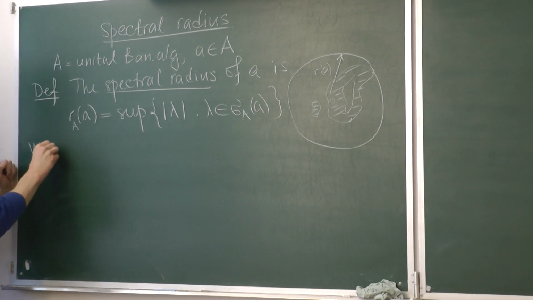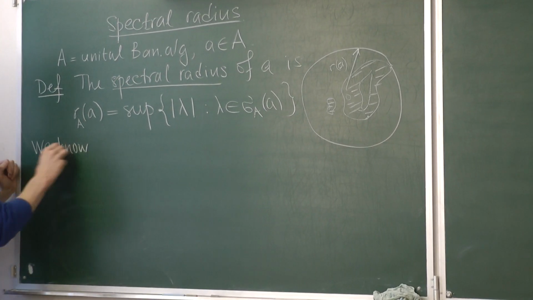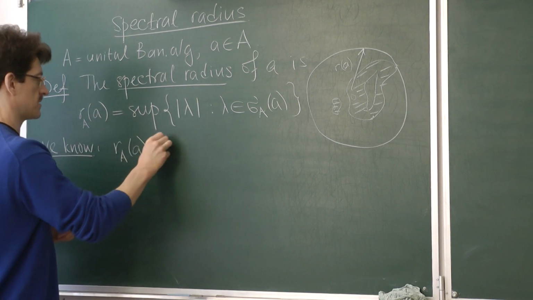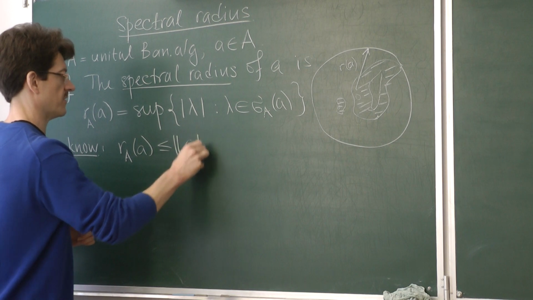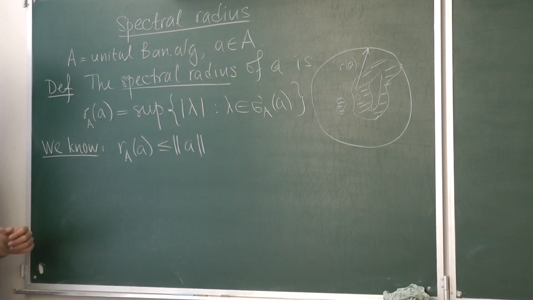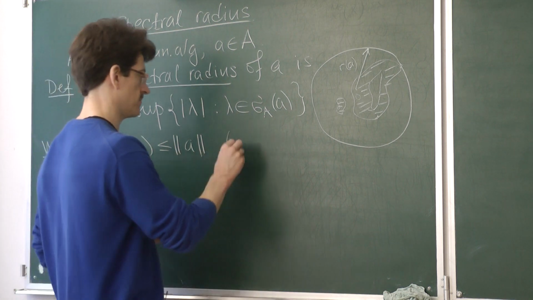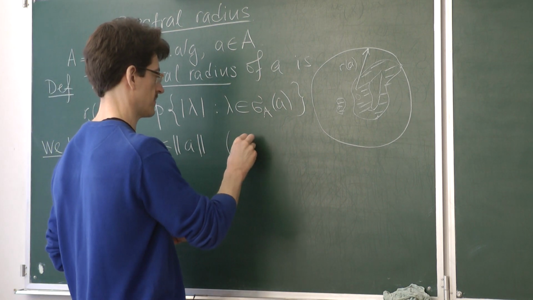So we already know something about this number. Namely, we already know that the spectral radius is less than or equal to the norm of a. And essentially, this was proved at the previous lecture. If I'm not mistaken, this was Theorem 2.